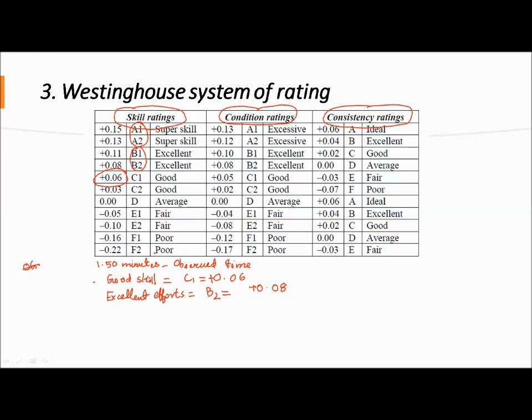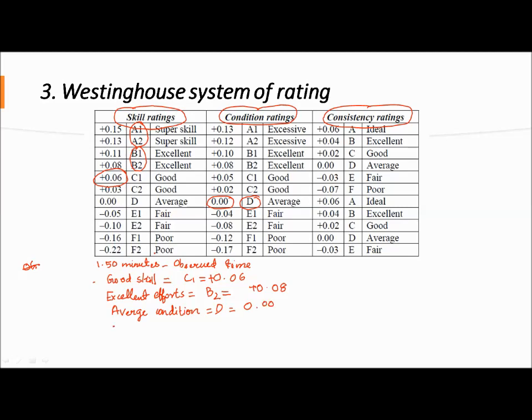Okay, and regarding the conditions, if the conditions are considered to be average, then for average condition, what is the value? The value is D and it is 0. So I just took it as D equal to 0.